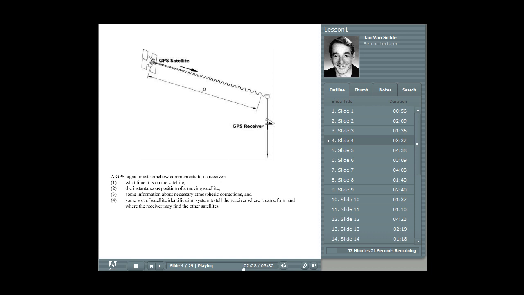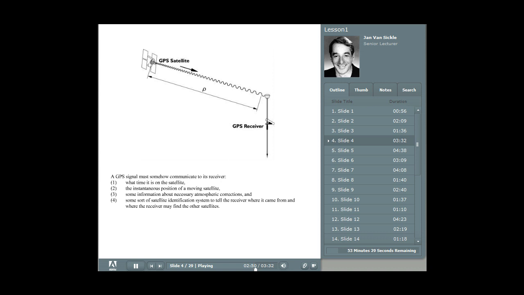And this is important, to have some concept of the atmosphere through which the signal is passing so that these delays, if you will, can be introduced into the answer, into the solution. And then some sort of satellite identification system is required.